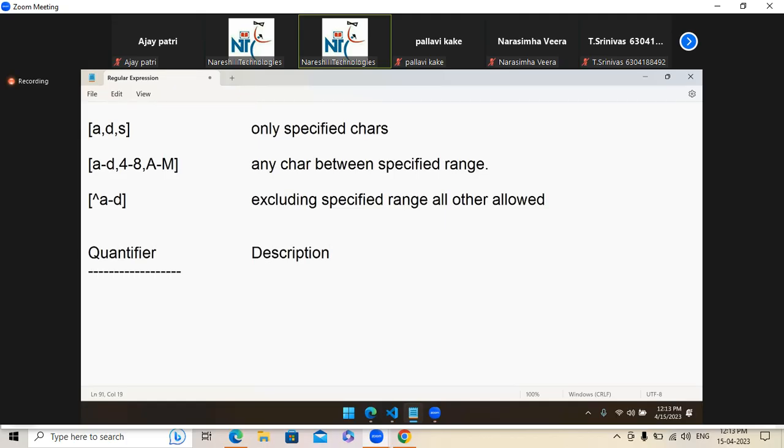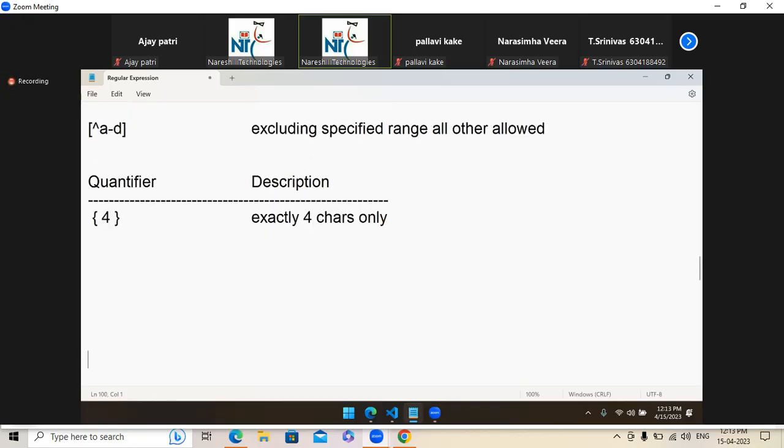Quantifier is nothing but quantity. Quantifiers are written in curly braces. So here, if I write, suppose, 4, what does this mean? This means exactly 4 characters only. You want 10, you write 10. You want 100, you write 100. So in the curly brace, you write 4, exactly 4.